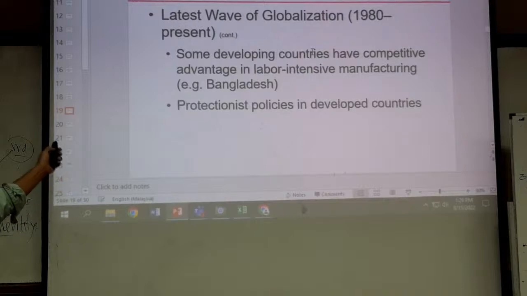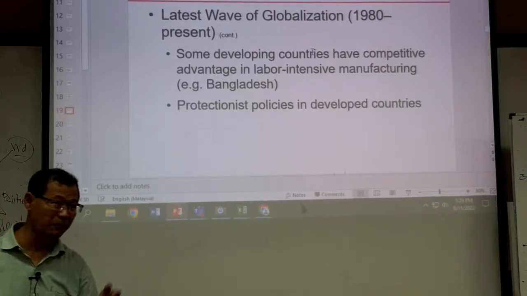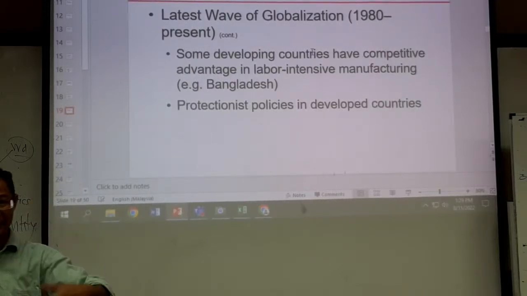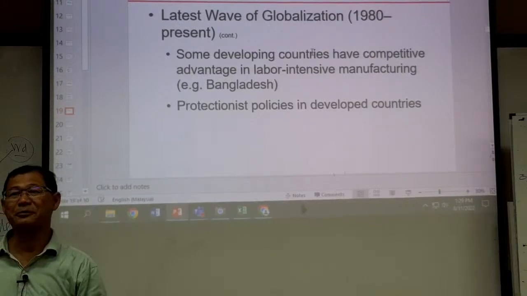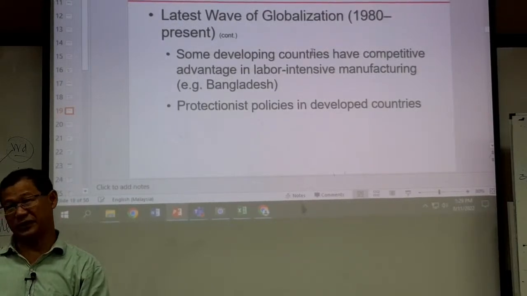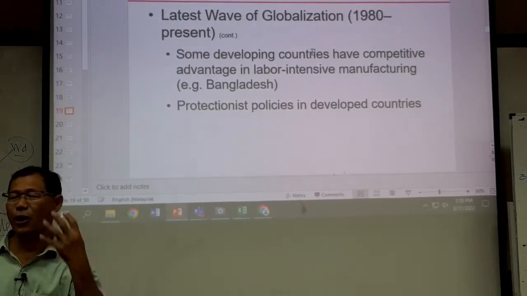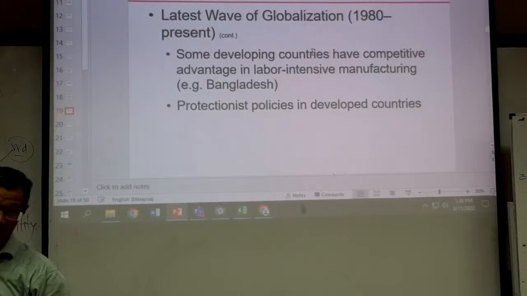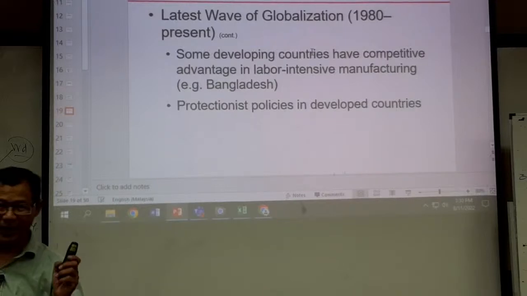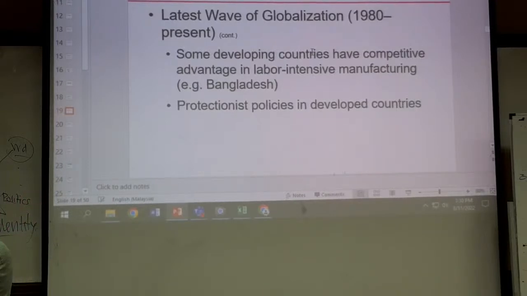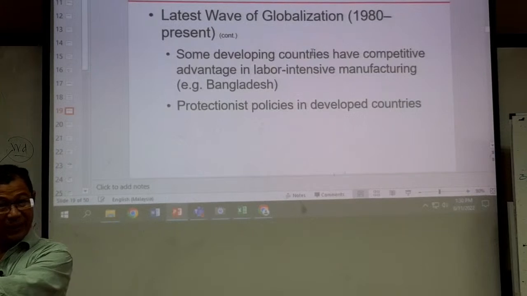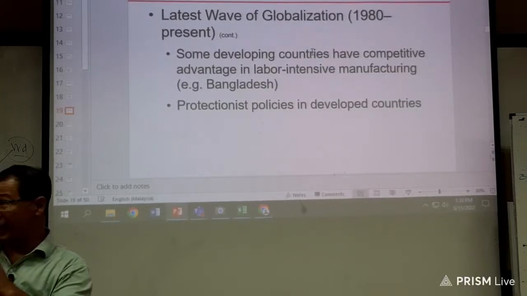So, going back. Some developing countries have competitive advantage in labor-intensive manufacturing, Bangladesh, because of globalization. So that promotes comparative advantage. One thing about globalization is that it brings out the comparative advantage of that country. Protectionist policies in developed countries, yes. Remember my article in 1989, the Koreans are coming.